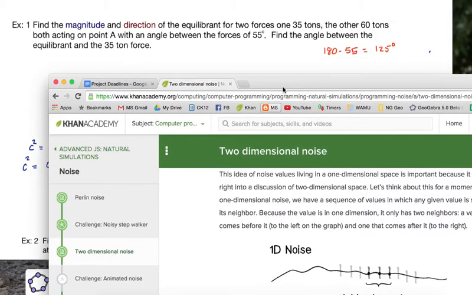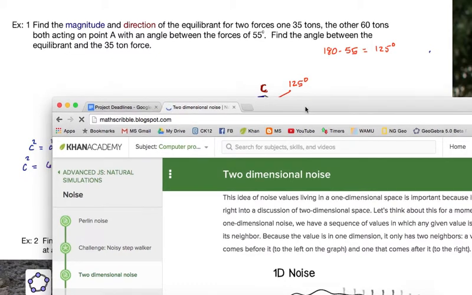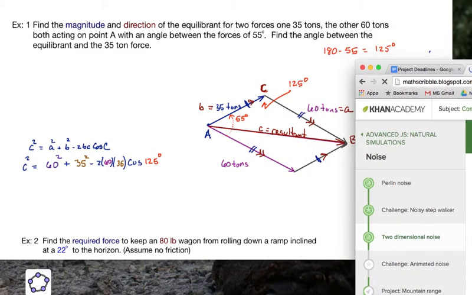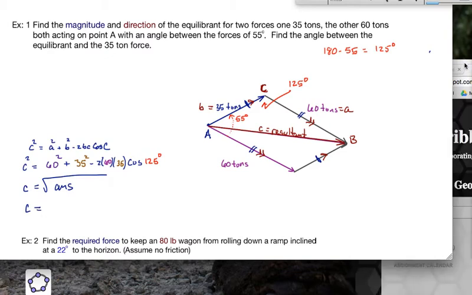Okay, so let's see here. I should have had my calculator ready. Alright, my calculator's coming up. So c is going to be the square root of whatever this answer is, and that's going to be the resultant.